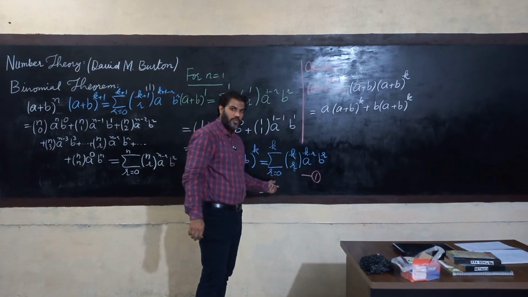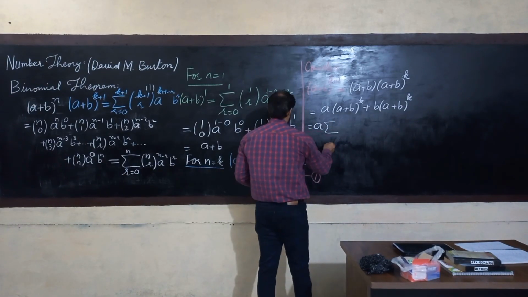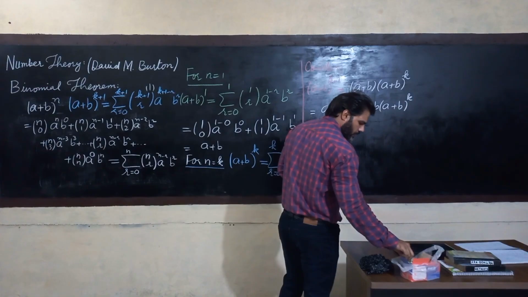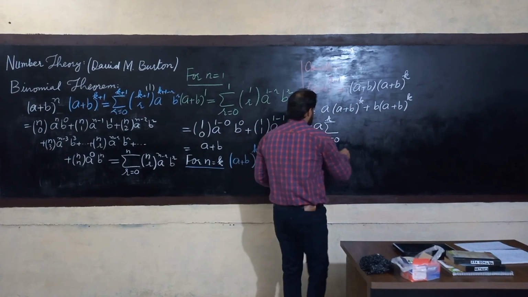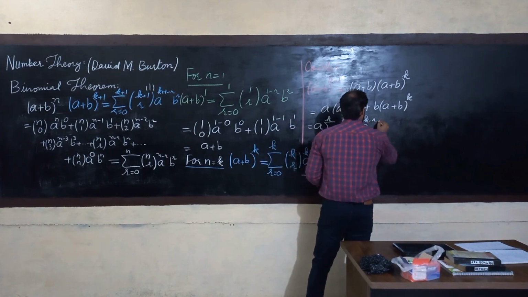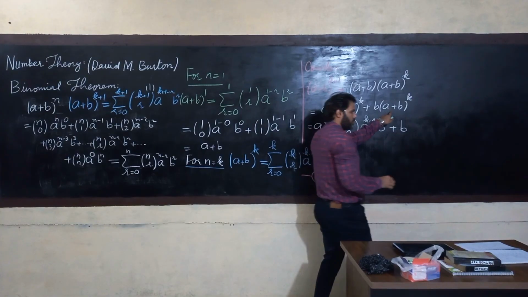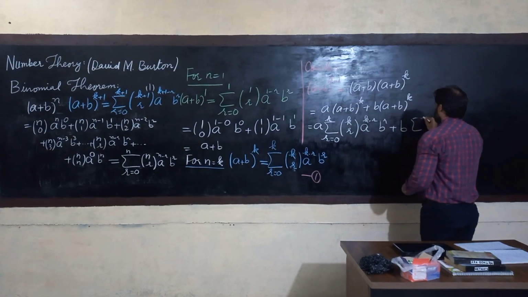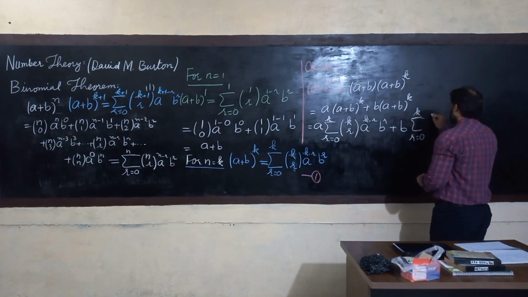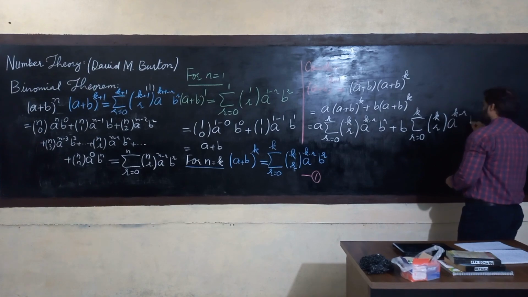So substituting the value of a plus b whole power k here, we have a into summation r is equal to 0 to k, k choose r, a raised to power k minus r b raised to power r, plus b into, also substituting again here the value of a plus b whole power k from 1, summation r is equal to 0 to k, k choose r a raised to power k minus r b raised to power r.